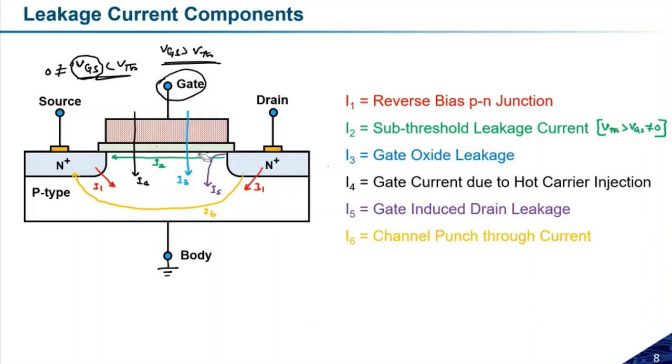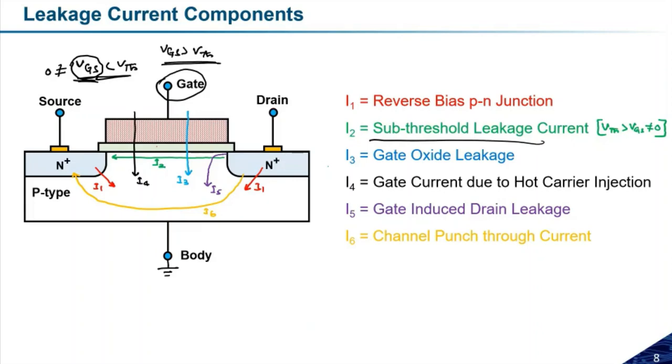Even though the channel is not sufficient to turn on the device or to flow current properly, because of this non-zero VGS some inversion layer, some n-channel is there, so through that channel some current can flow, and that current we call the subthreshold leakage current.